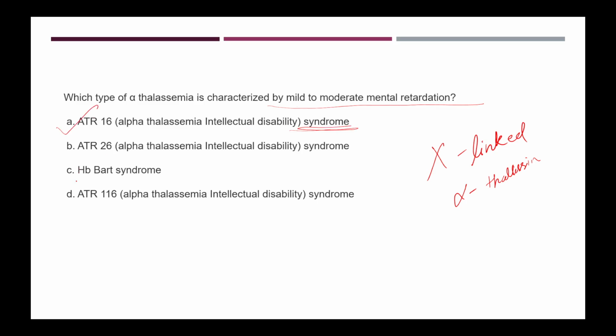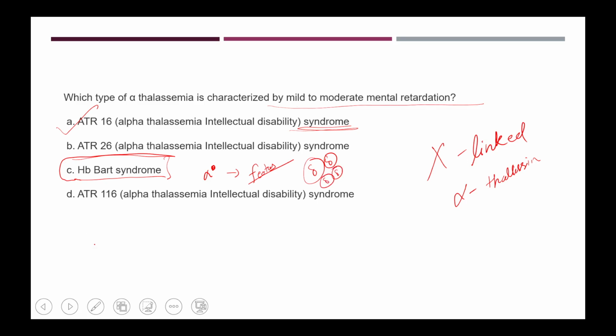And what was Hb Bart's syndrome? It is the alpha-nil mutation in the fetus, where only the gamma copies are making the hemoglobin. That condition is hemoglobin Bart's syndrome. Here ATR-16 will be the correct option for the mental retardation.